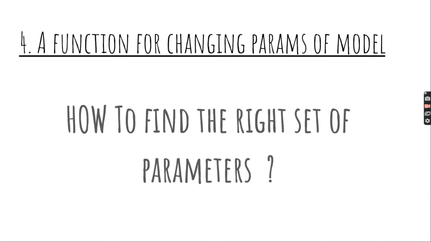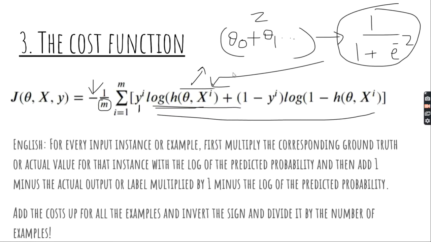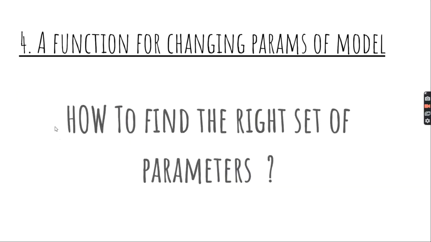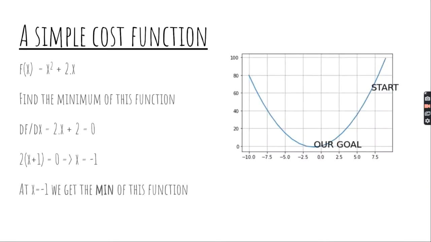Essentially our goal in this case is, for this expression, the one that we started with, we need to find the thetas such that our cost is minimum. So in simpler terms, let's just look at a quadratic cost function. Our cost function is not as simple as this one, but this pretty much sums up the idea of what I'm trying to explain now.